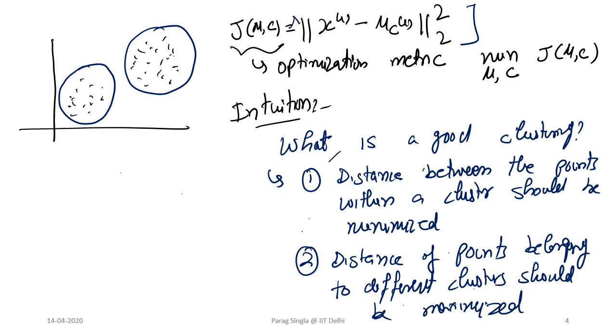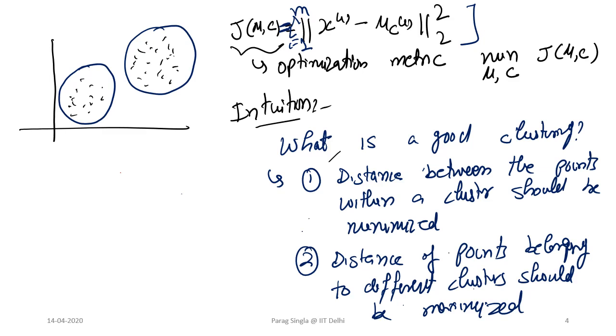In fact, that is an important thing that I forgot. This is a sum over i equal to 1, right? So this is not for a specific i, but a sum over all points. And just by ensuring that each point is as close to its cluster representative as possible, we satisfy both the criteria.